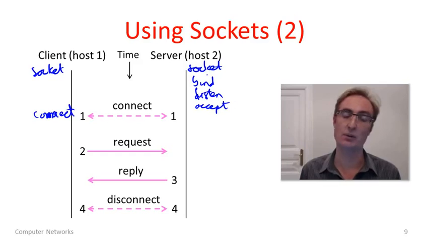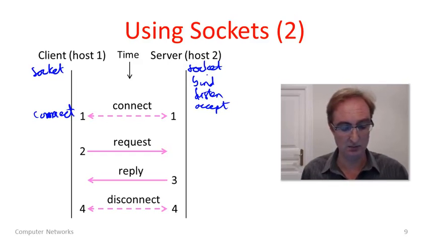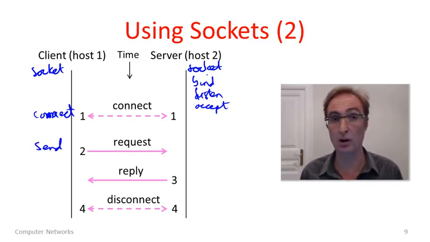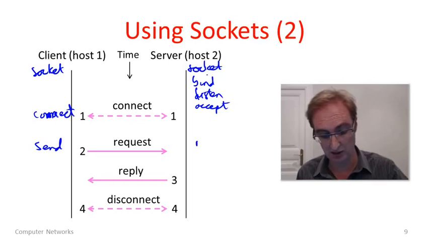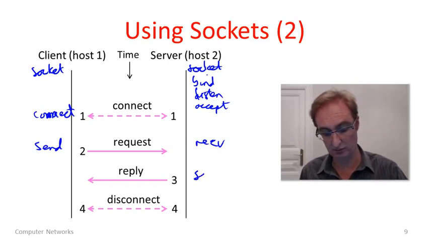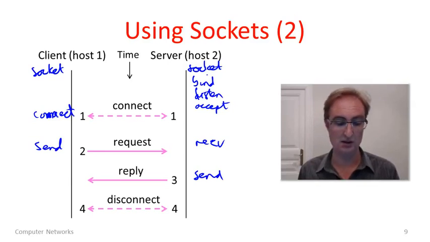Once all of that's done, what are we going to do now? Well, we're going to send our message. That will cause this request to go over. That's what we want to send. We'd better call receive on this side to be able to receive it. After the request has gone across, we're going to want to call send on the server to send back a response. What the response is up to all of the code on the server. It could do anything.